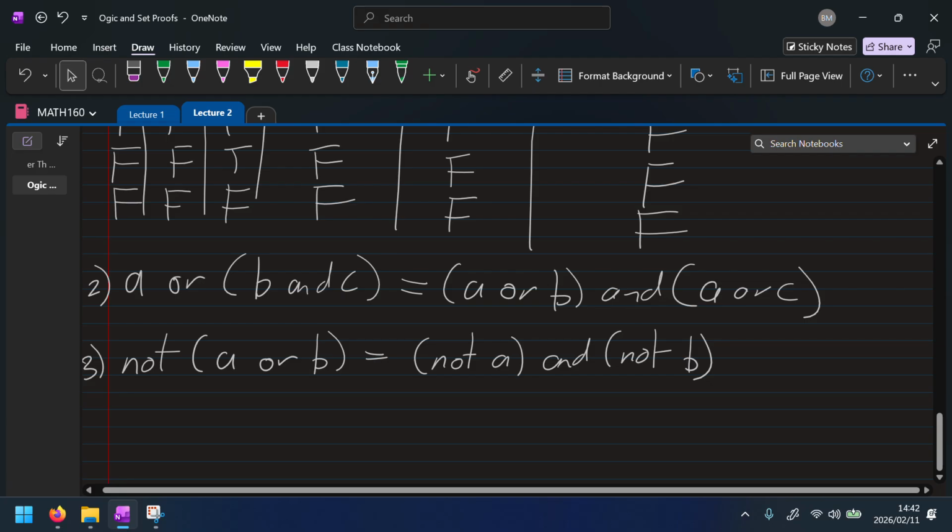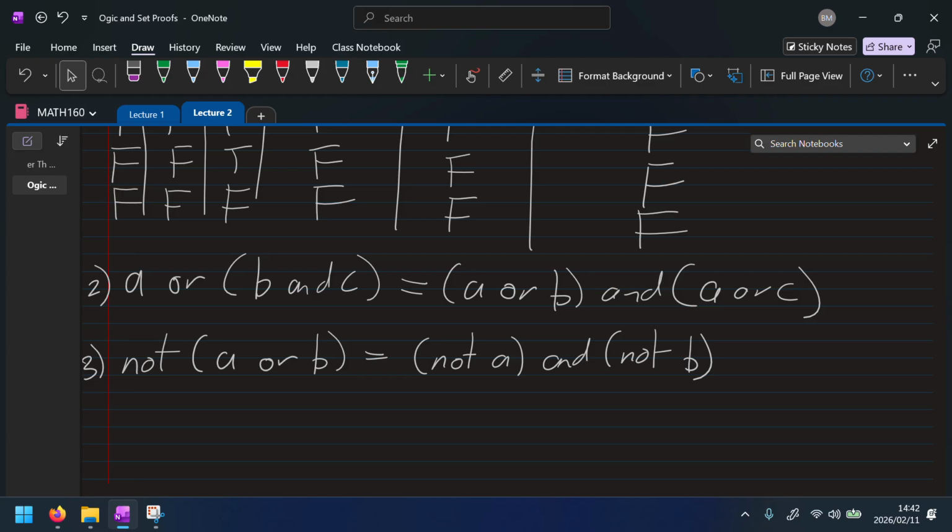Anyone figured it out already? What does this mean? If I say not A, sorry? It's not making it screen on. Not quite. Remember, A and B can only be true or false. So if A is true, not A is. And if A is false, not A is. Yeah.